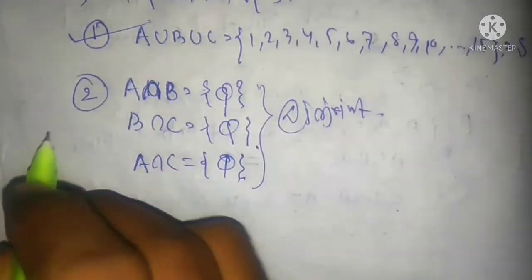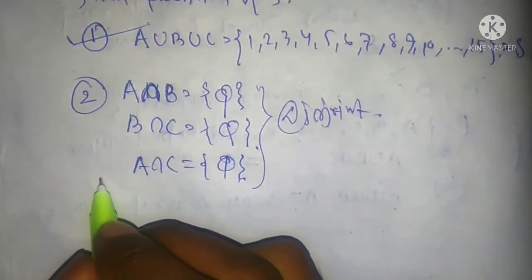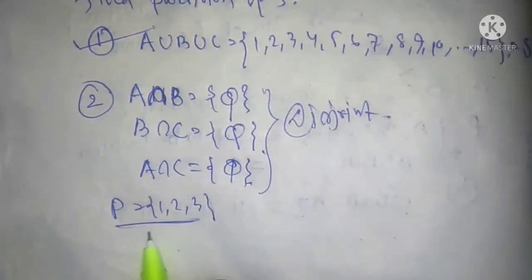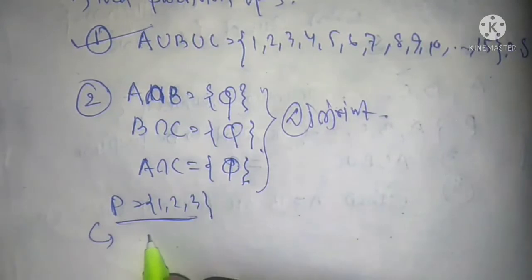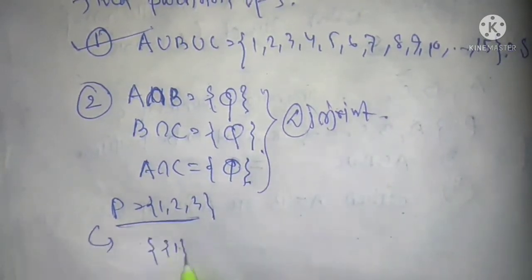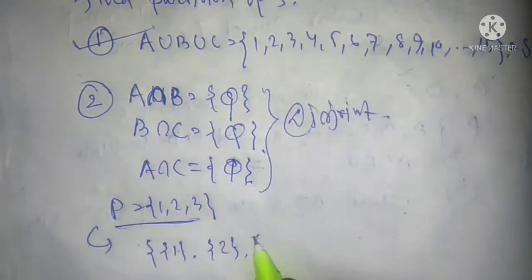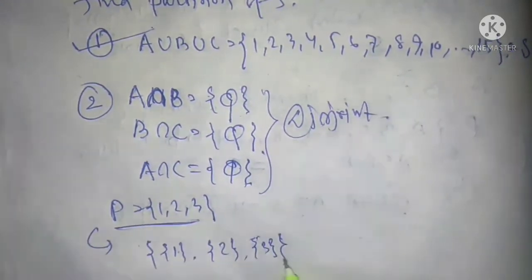In particular, if P equals {1, 2, 3}, then the partitions of {1, 2, 3} are: {1}, {2}, {3}. This is the first partition.